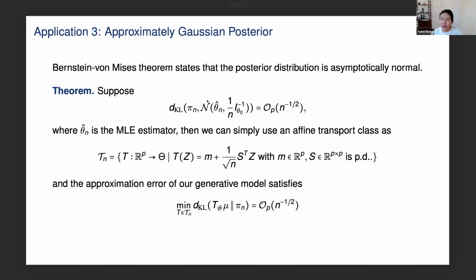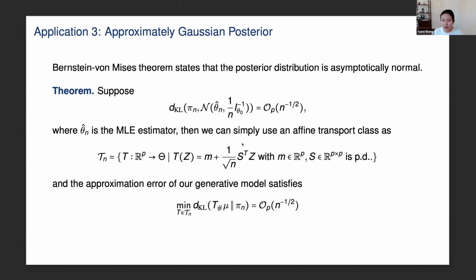And another special design we considered in our paper is when you have a really large sample regime, the BvM theorem basically suggests that if your model is identifiable for a parametric model, the posterior distribution will be asymptotically normal. Then essentially, I'm trying to find the OT map that can push forward a standard Gaussian to another approximately Gaussian distribution.